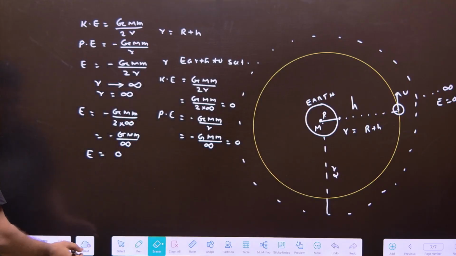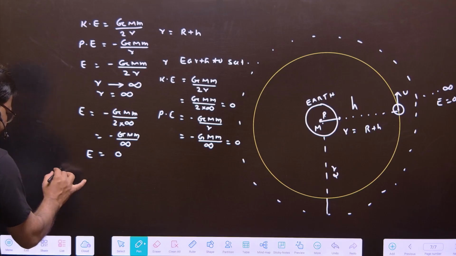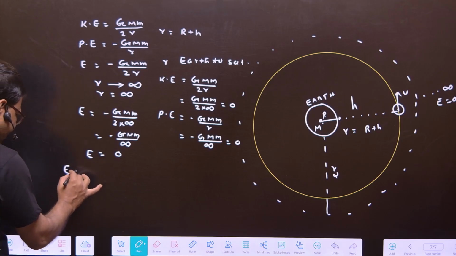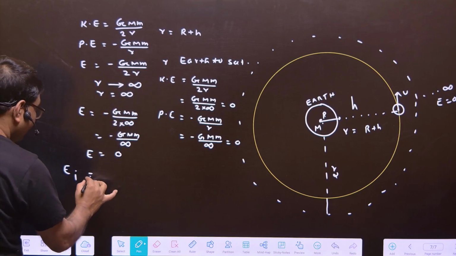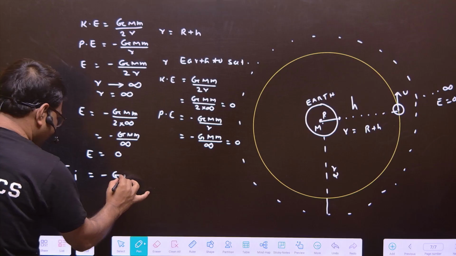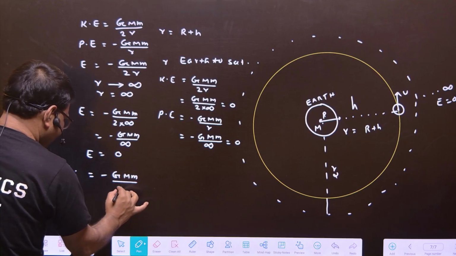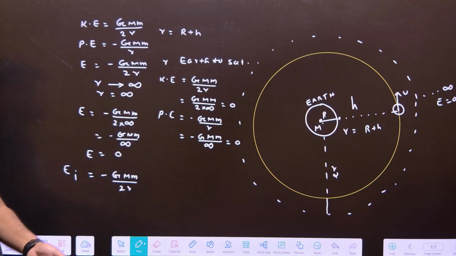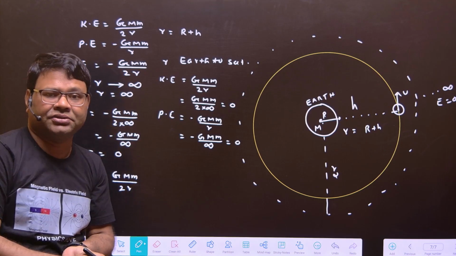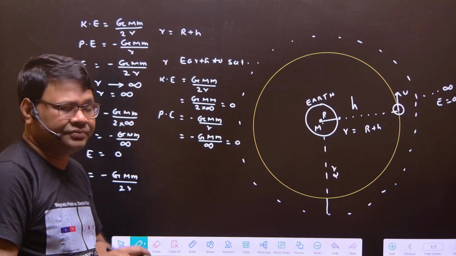Initial total energy E_I is equal to minus G M m divided by 2r. Initial energy means the satellite was revolving in the first orbit, not at infinity.